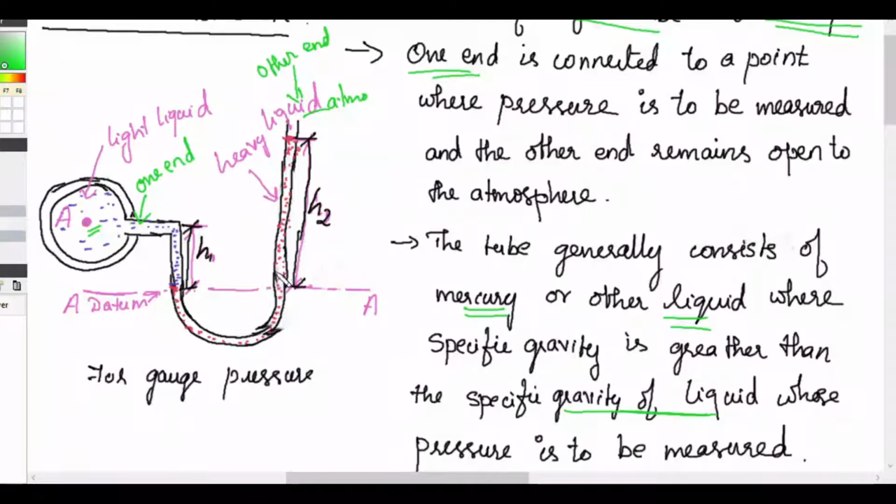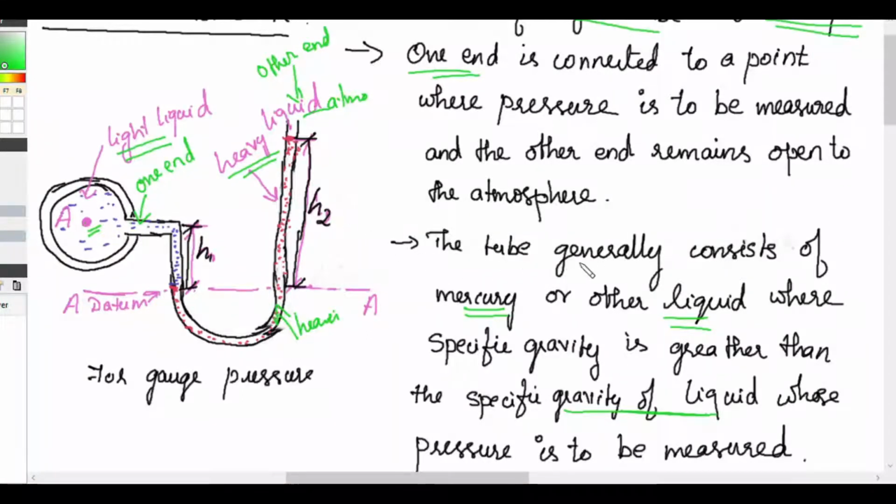You can see this liquid in red color. So this tube consists of a heavier liquid, whose specific gravity is high, and the water body consists of a light liquid.